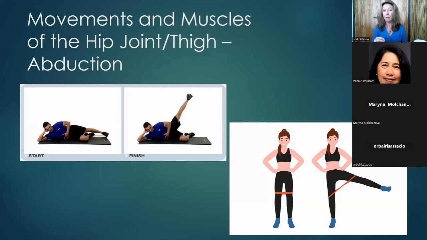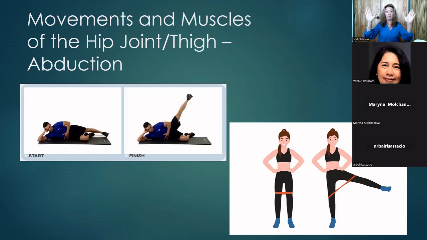Both are considered abduction. We're talking about the midline of the body. Typically, we're always going to be talking about anatomical position. Every now and then, you'll see something like this picture of the dude laying down, and that is not anatomical position.